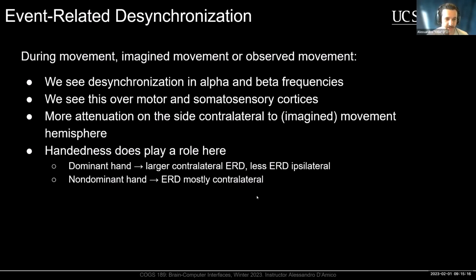And this is dependent on handedness. For your dominant hand, you're going to see a larger contralateral ERD and less ERD ipsilaterally. But if you're imagining your non-dominant hand, the ERD is going to be mostly contralateral, or you're going to see a little change in both. So it sort of depends.